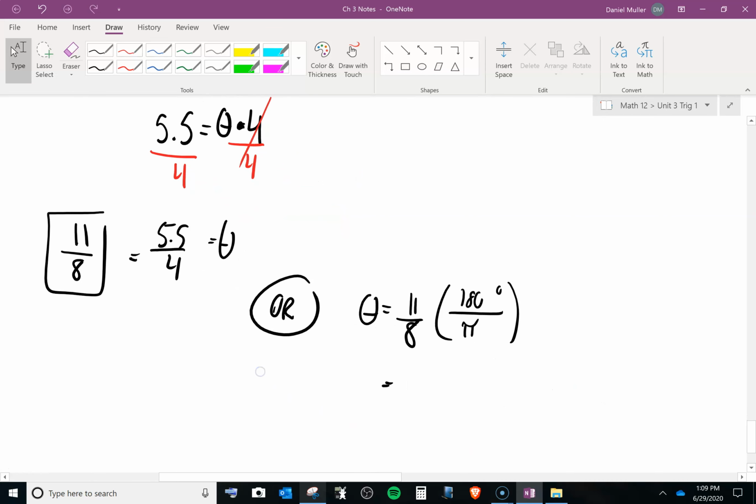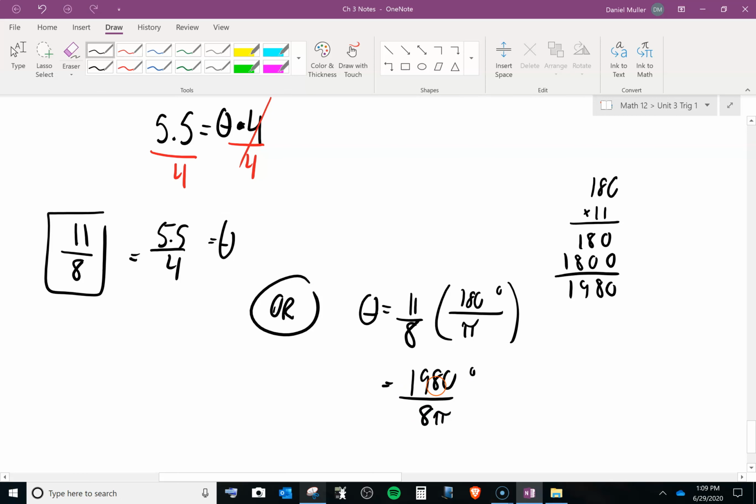Great, now I gotta do 11 times 180. So you can put that off to the side here. 0, 8, 1. And then 0, 8, 1. So it's 0, 8, 9, 1. So 1980. So 1980 over 8 pi degrees. And I can cut that in half.